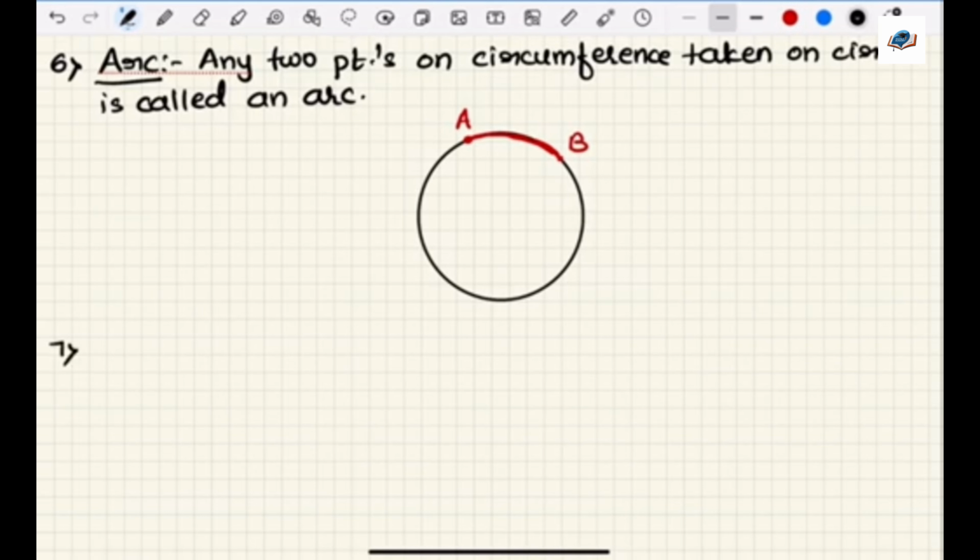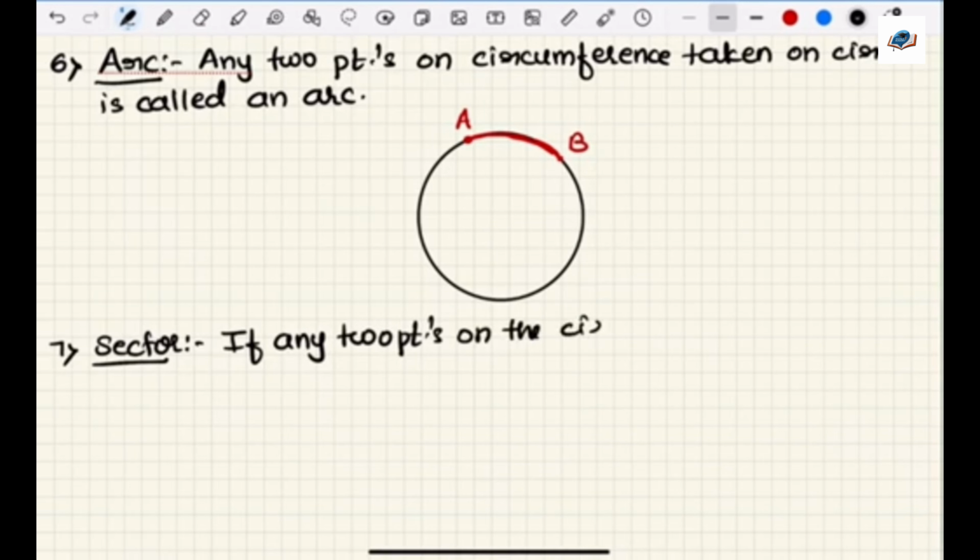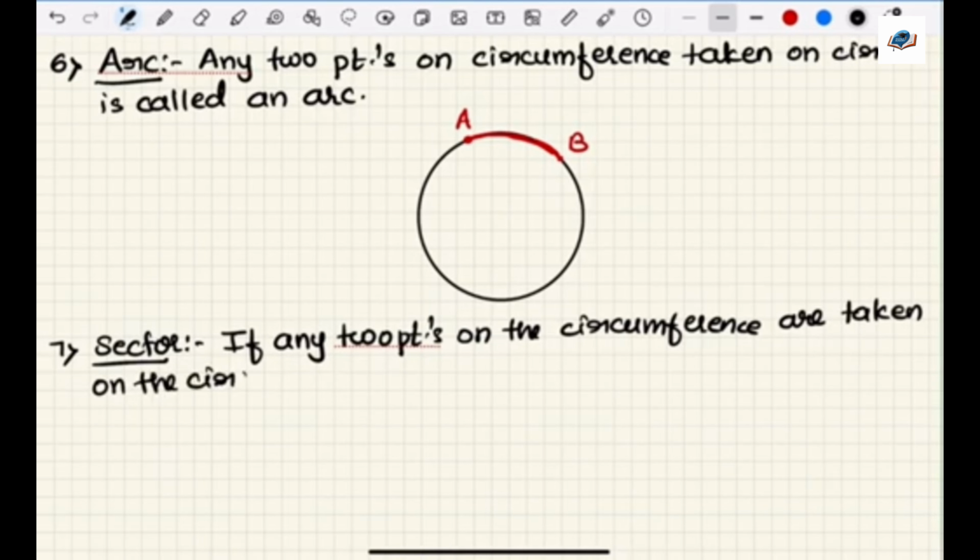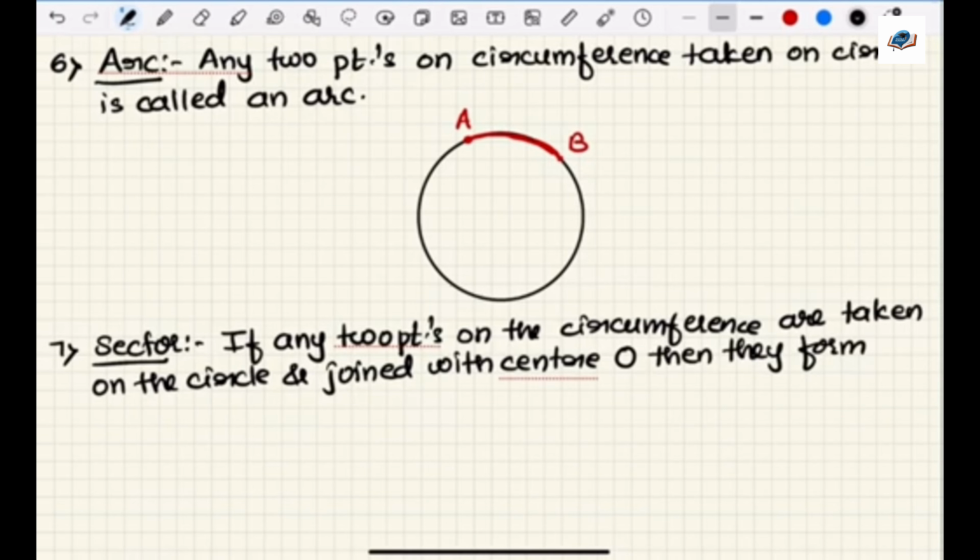Now, moving ahead, the seventh point says sector. If any 2 points on the circumference are taken on the circle and joined with center O, then they form a sector.